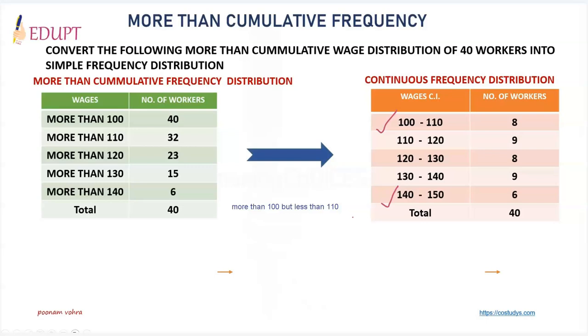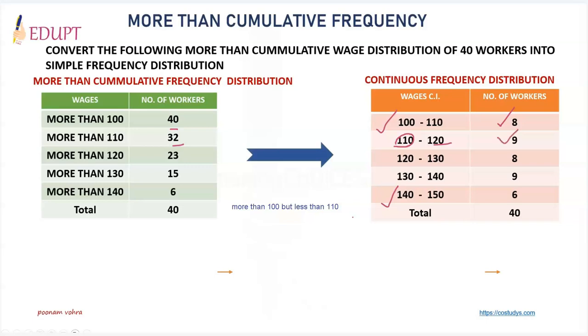And for that, we shall deduct 40 minus 32. It is 8. Then in the next case, we need to find out how many are getting more than 110 but less than 120. It will be 32 minus 23, which is 9.